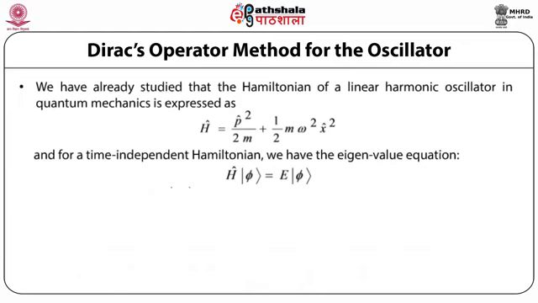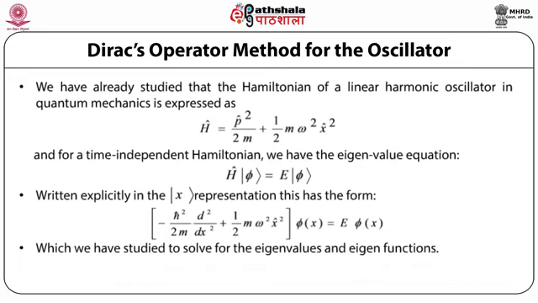And for the time independent Hamiltonian, we have the eigenvalue equation, operator H acting on the ket vector phi is equal to the energy eigenvalue times the ket vector phi.